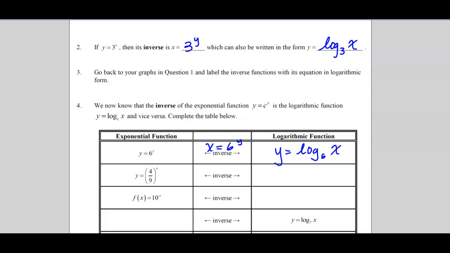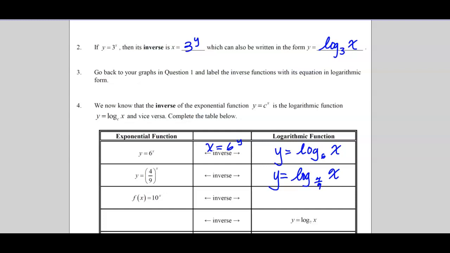Remember, it is the same base in both, but we're finding the inverse. So this log function is of the inverse. And so here, this would be y equals log base 4/9 of x. So it's of the inverse. It's not going right from this to this. Otherwise, we have x on this, right? Because the log is the exponent.